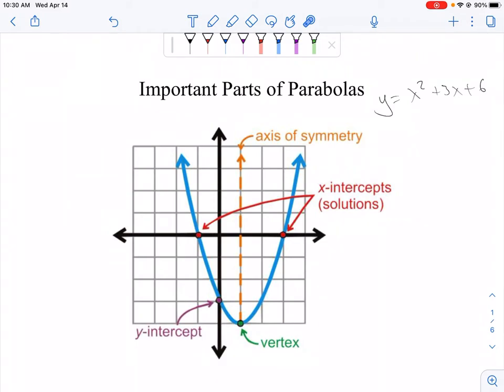And then some more important pieces that we're going to be working with today are the axis of symmetry. Because this is a U shape, the axis of symmetry acts like a mirror. So think about this point here is 1, 2 places away from our axis of symmetry. And because it acts like a mirror, we know that there will be another point 1, 2 spaces away on the other side.